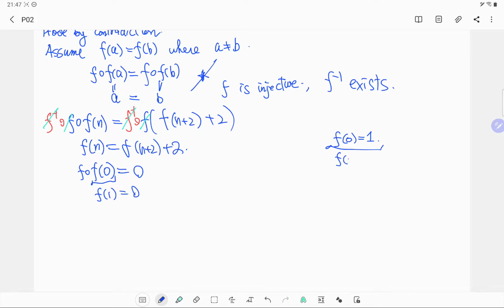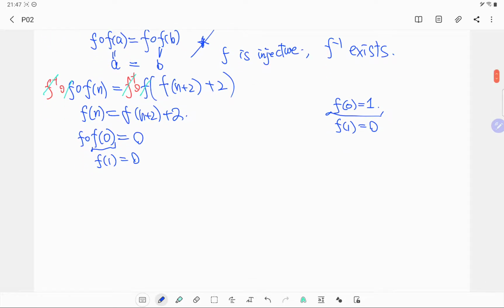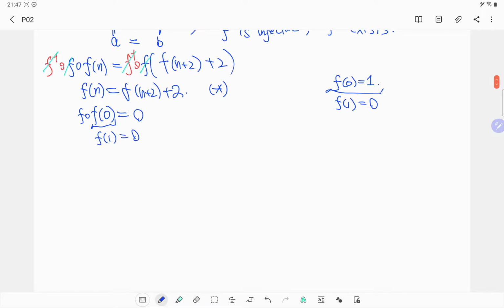So we also have f(1) is equal to 0. So we can make use of this one, and we can slightly rearrange it as f(n+2) is equal to f(n) minus 2.